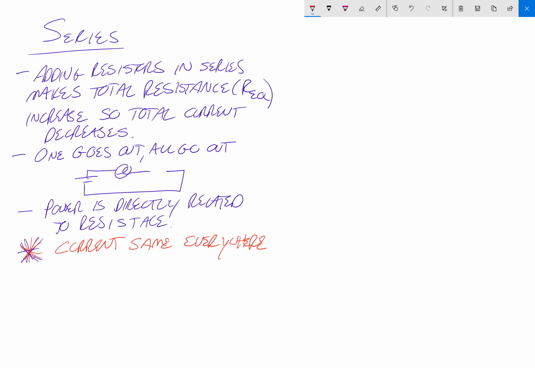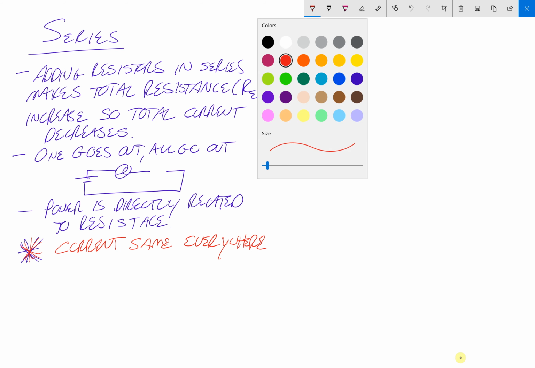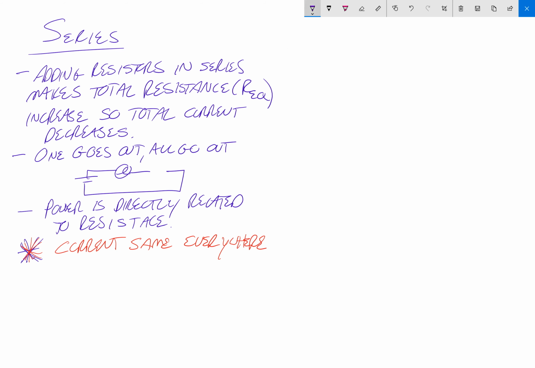Also, you should have seen that the total resistance, the R equivalent in series, is simply the sum of the resistor values, however many there are, and that the voltage total was the sum of the voltages, V1 plus V2 plus V3, however many there are. So now, back to the power.